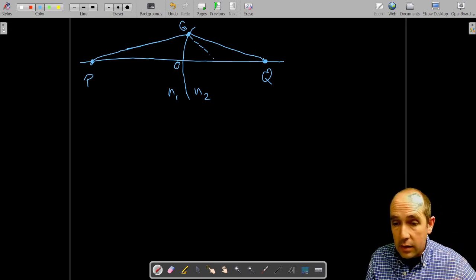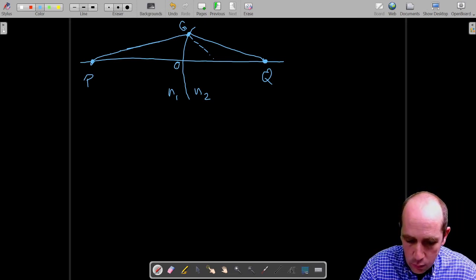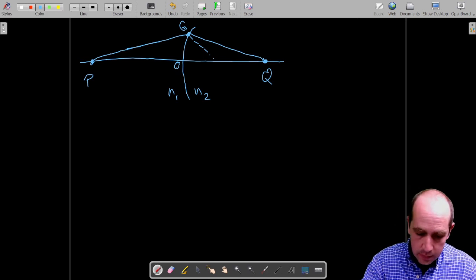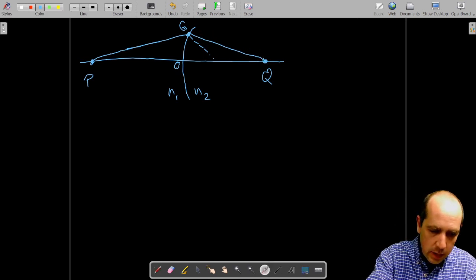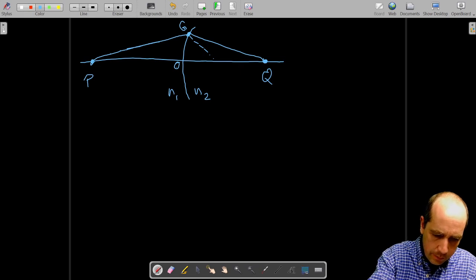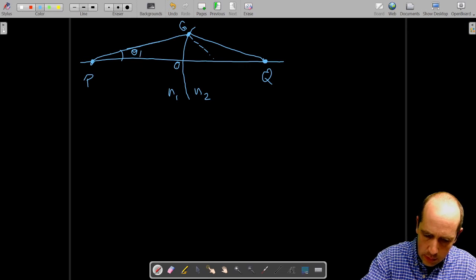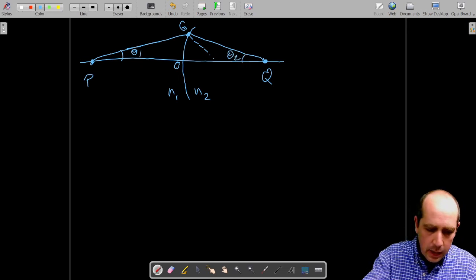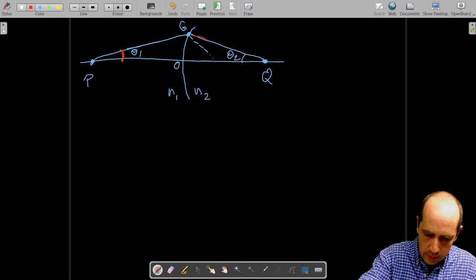And again, using the law of sines, I'll just draw the angles again. This is theta 1, this is theta 2, and now we relate this angle theta 1 with this side over here.